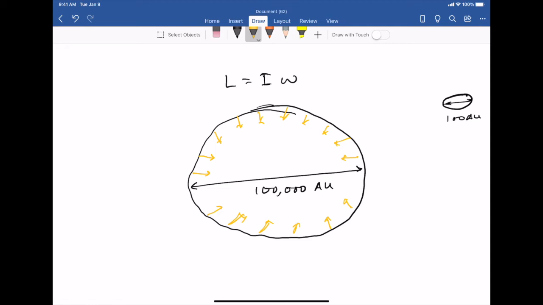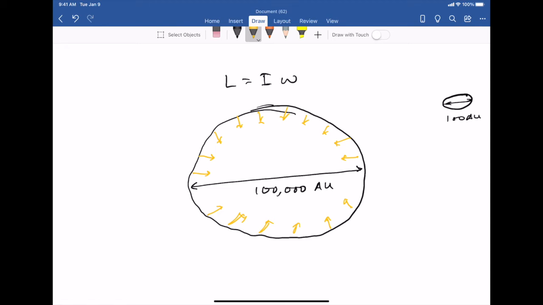Now, this cloud would most likely have had some angular momentum or some rotation before the collapse happened. It would be very strange if it didn't have any rotation at all. That would be a very strange situation, that the angular momentum of this cloud is exactly zero. It would have had some very small amount of rotation before the collapse happened.